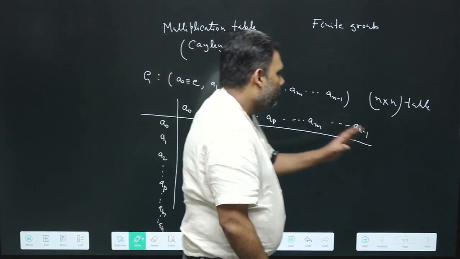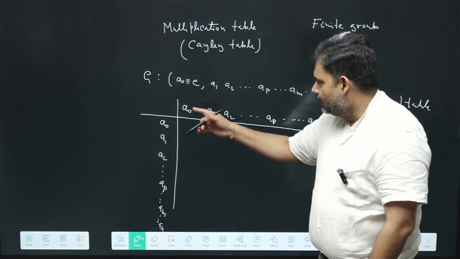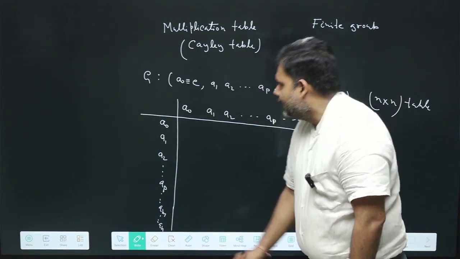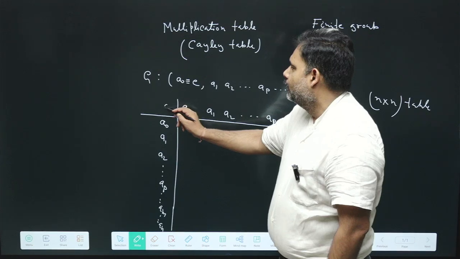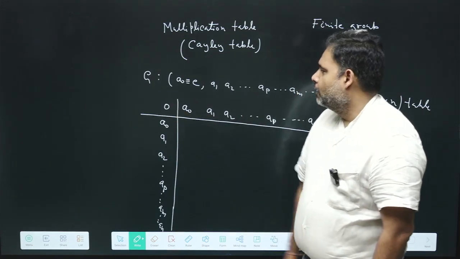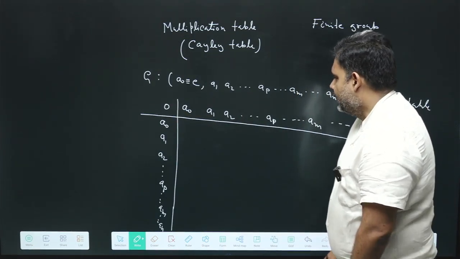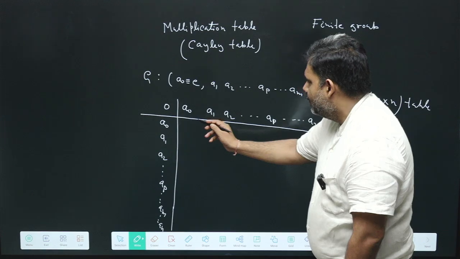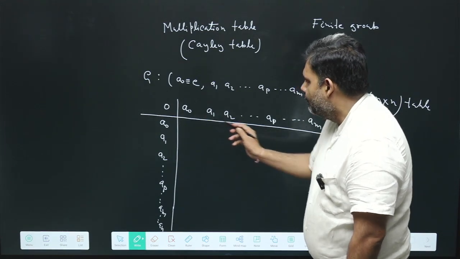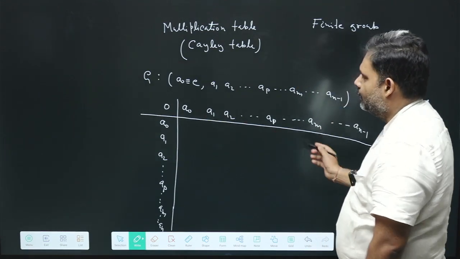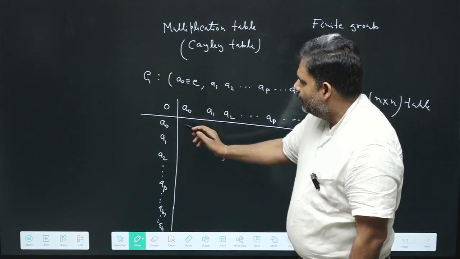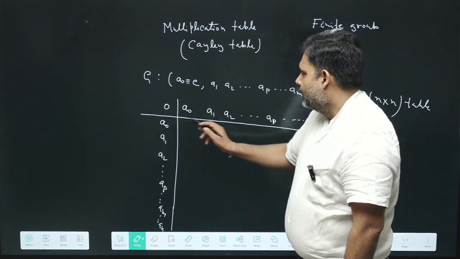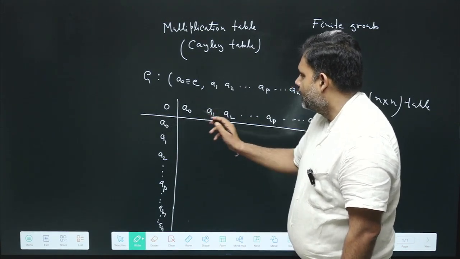These are the arrangement of your elements in a Cayley table, and here you can define what the operation is. Every element in the table is the result of the operation. What will this element be? This element is the operation between a0 and a0. This element will be the operation between a0 and a1.